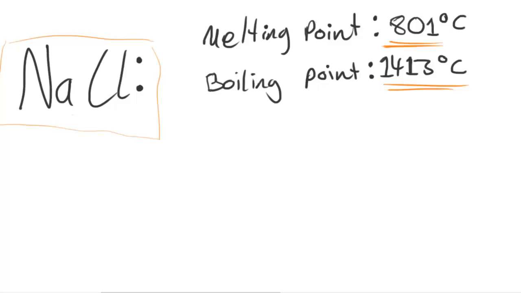The reason these other compounds have stronger forces of attraction between them, and therefore higher melting and boiling points, is because they have different charges. So if you took, for example, magnesium oxide, MgO, magnesium has a 2+ charge, and oxygen has a 2- charge.